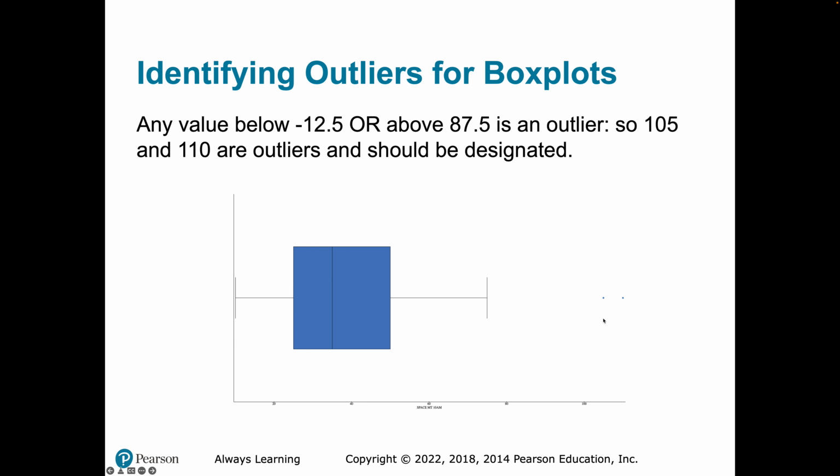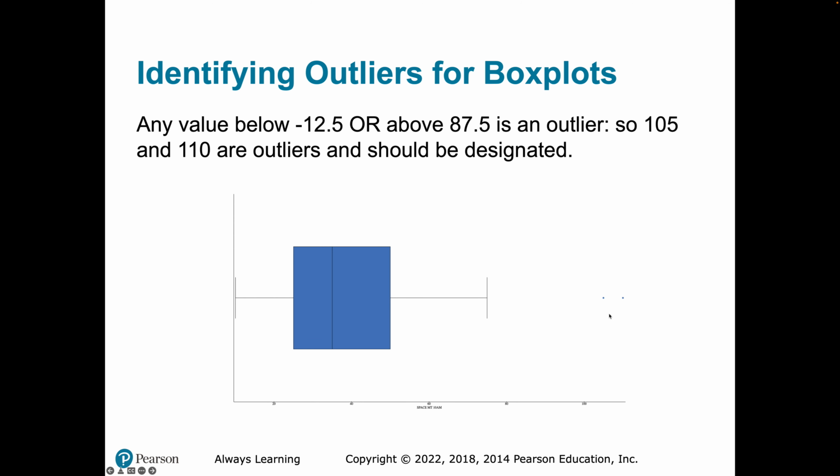So I can come down to the axis and see that's about 105. We know that because we have the data set. And I can come directly down to the axis and see that that's about 110. So I can approximate the outliers even if we didn't have the data set.